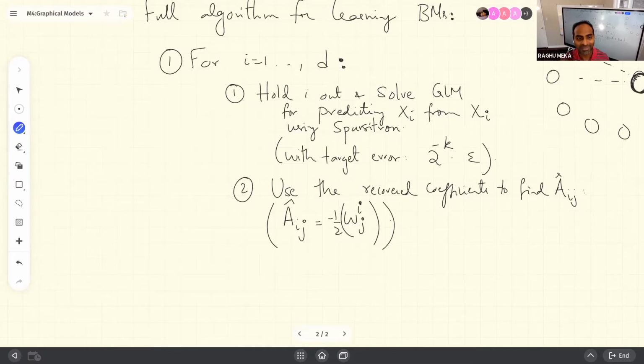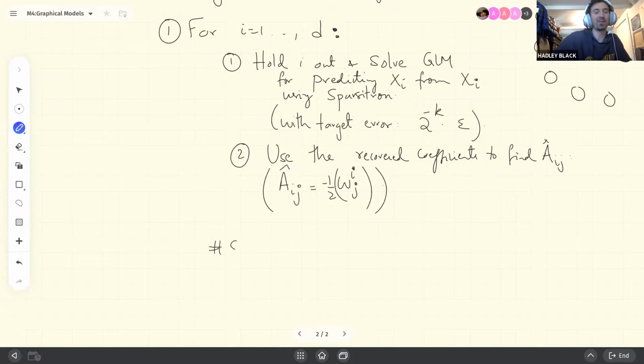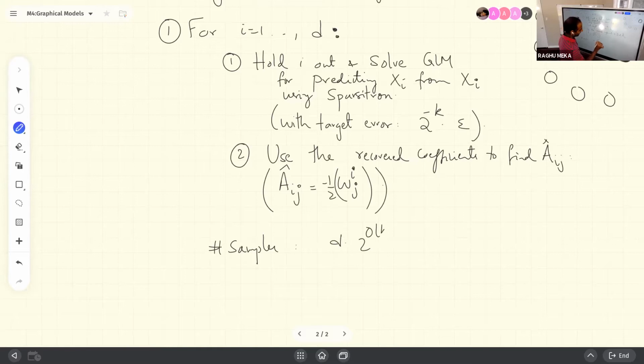Okay, one last question. How many samples is this algorithm requiring as stated? What do you think? How many samples? D times 2 to the O of k something. But I guess can you do something where you share the samples? Yeah, exactly. If I state it this way, it seems kind of dumb because I'm still needing these many samples, because I'm running these d loops.